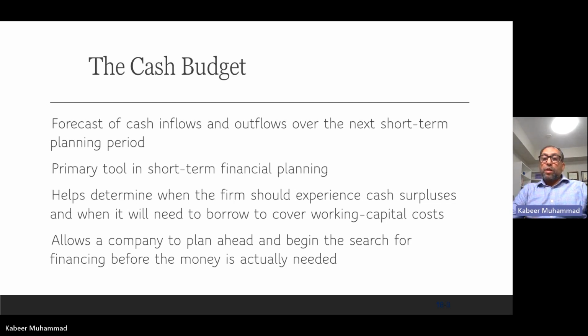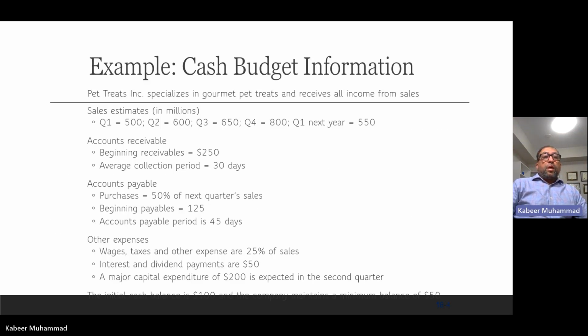Because the budget is prepared in advance and they know they need this much cash in a particular quarter, they can arrange short-term debt for that particular time period.